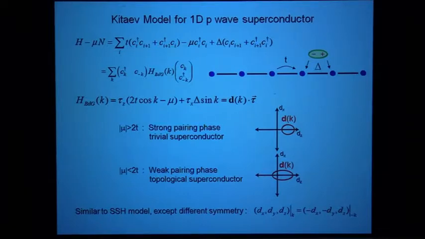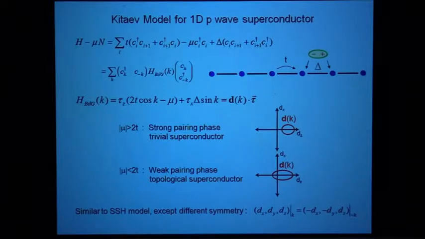So this Hamiltonian, I can write as a matrix like this, and if I do it as a function of k, then I have a Hamiltonian which is just like the Hamiltonian for a one-dimensional insulator, and it's a 2x2 matrix. Okay, and so in this 2x2 matrix, the non-superconducting part is on the diagonal, and it's just the one-dimensional tight binding model with a chemical potential, multiplied by tau z, which is h and minus h on the diagonal.